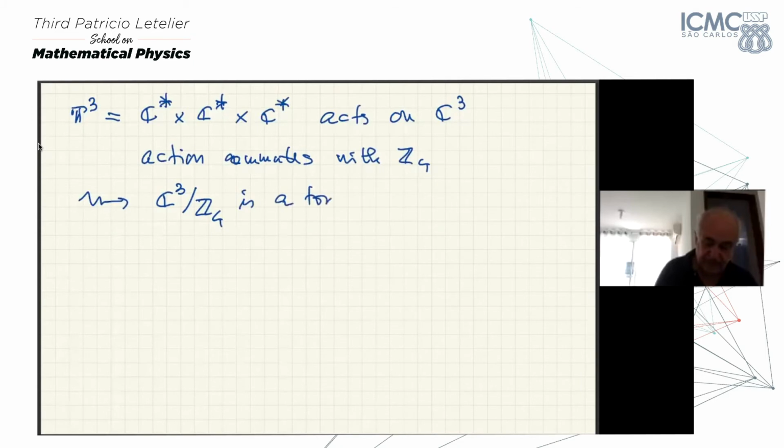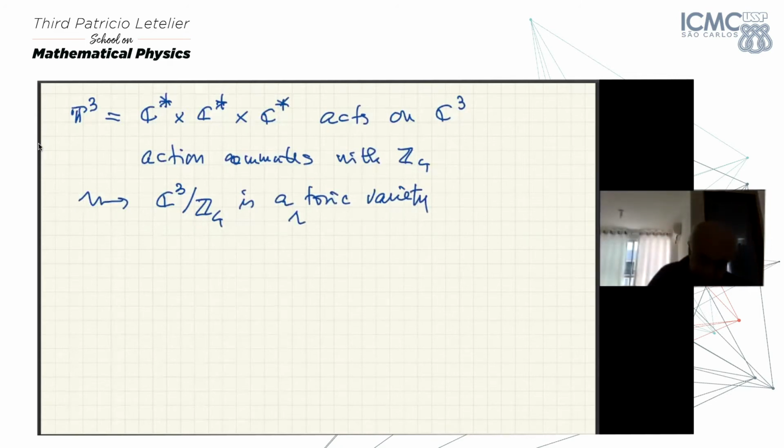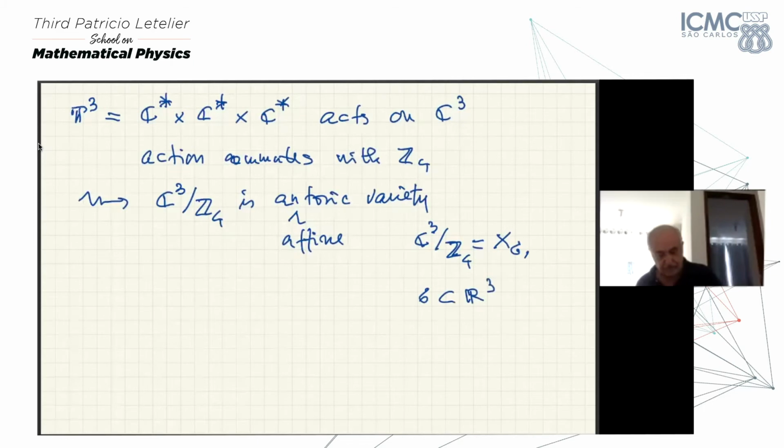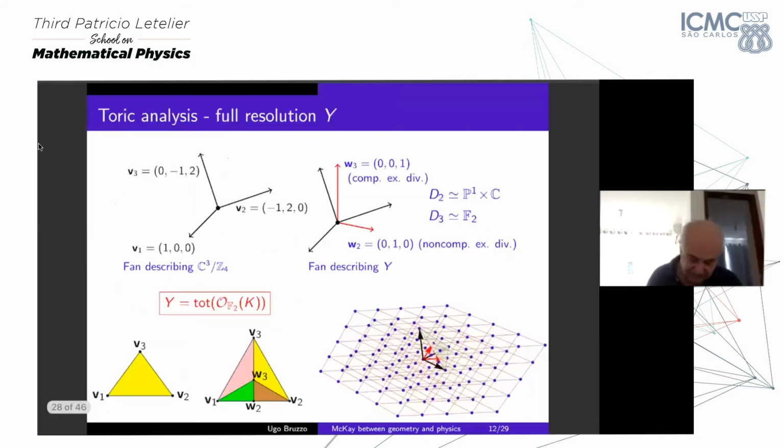So in this particular case, we understand this very well. And therefore, as an affine variety, it is described by a cone. So it can be written as the affine toric variety associated to a cone in R3. Then, of course, one has to know how to compute a cone.